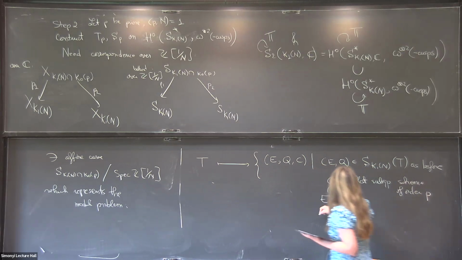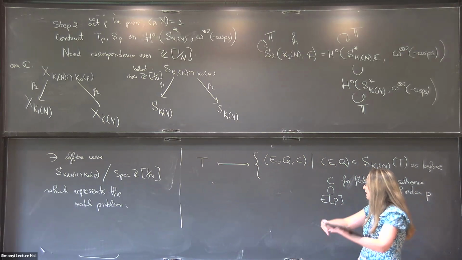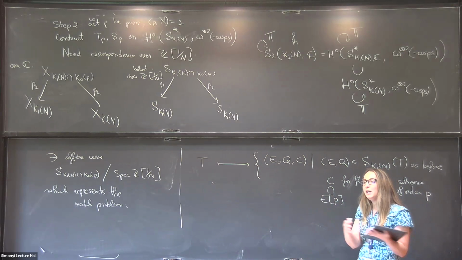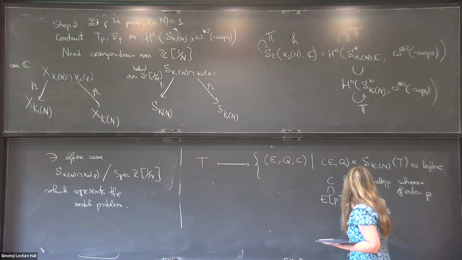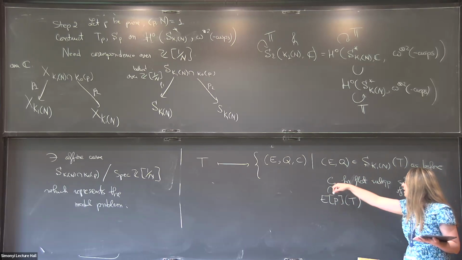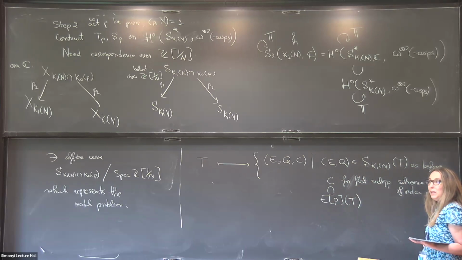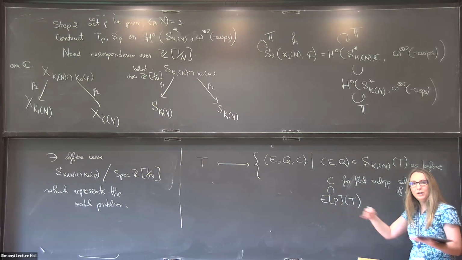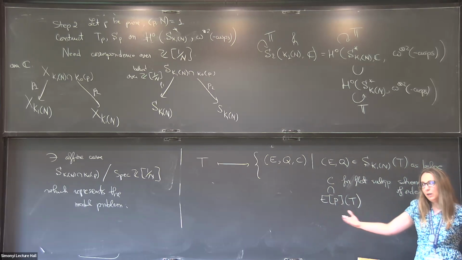So you look at the p-torsion of the elliptic curve, that itself is a finite flat group scheme over R_T. And inside there, you want something of order p. So this would be like order p squared, and you want to choose that structure in a family.